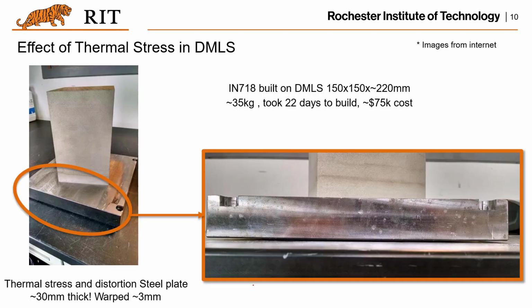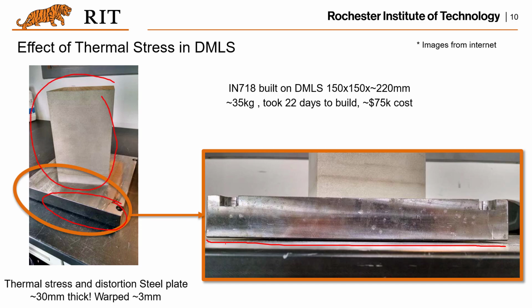So as I mentioned, there will be thermal stress introduced to the part. If you look at this, basically that's the building plate for the part. So this one is the part, and this is the plate.